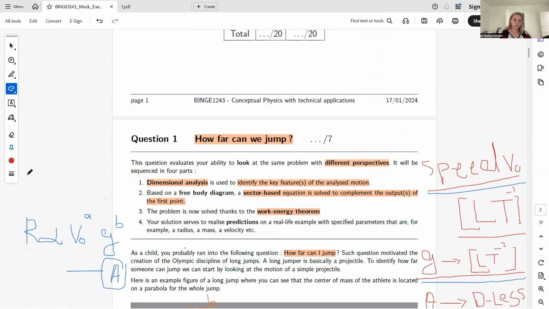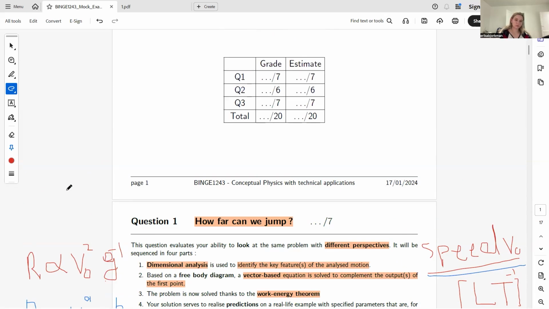Then our equation will become R is proportional to V naught raised to the power A, where A has the power 2 and B has the power minus 1, so G raised to the power minus 1. You can write this equation as R is proportional to, with the inverse value moving to the denominator, V naught square divided by G.